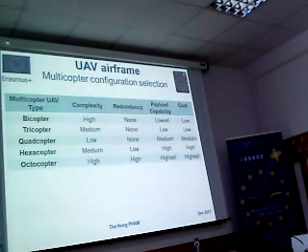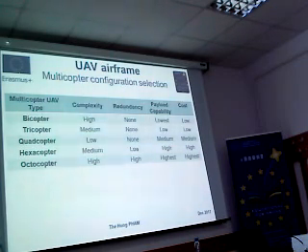For the octocopter, the complexity will be high because it has 8 arms and 8 rotors, and it has high redundancy because it has 8 inputs from 8 rotors for 6 degrees of freedom, so it has more redundancy.